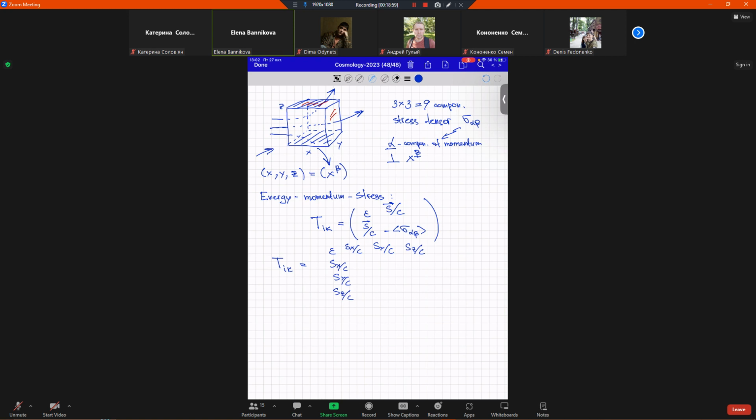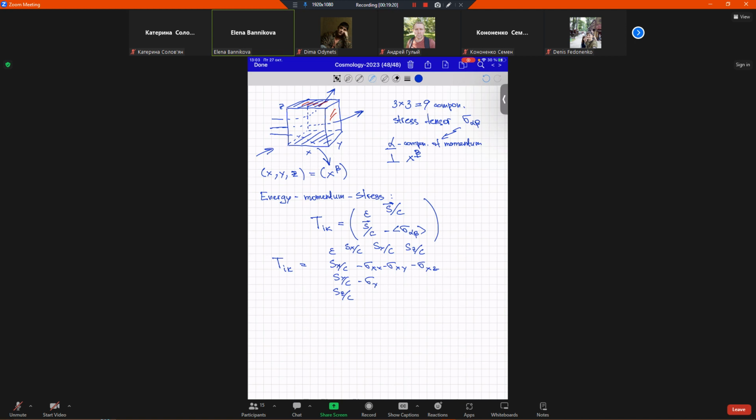So, and here we need to put the corresponding components of the stress tensor. So this is sigma XX, minus sigma XY, minus sigma XZ, and others too.